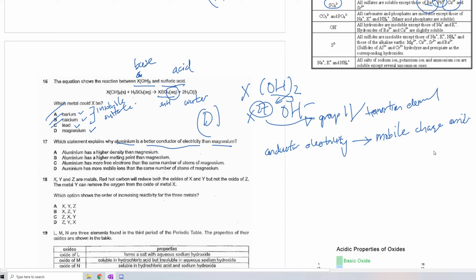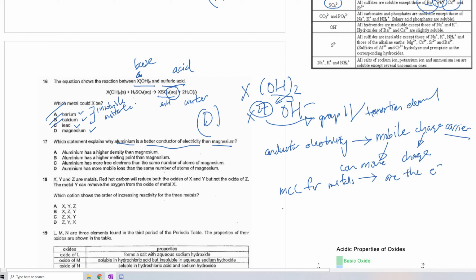Mobile means it can move, charge means it must be a charged particle for it to be able to carry electricity. So for metals, the mobile charge carriers are the electrons.